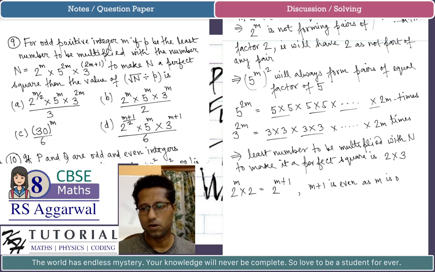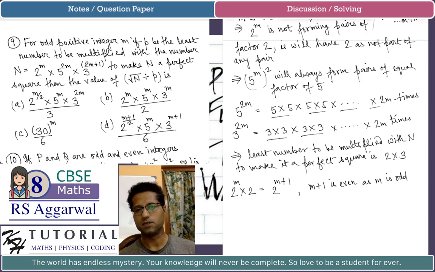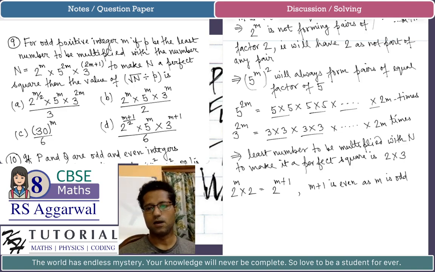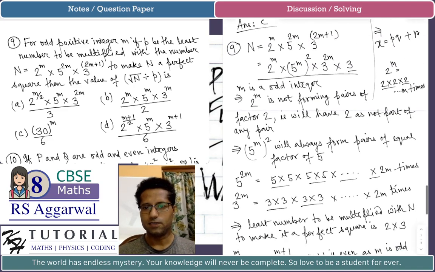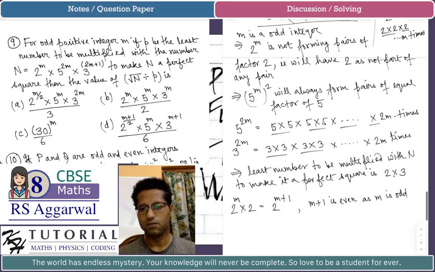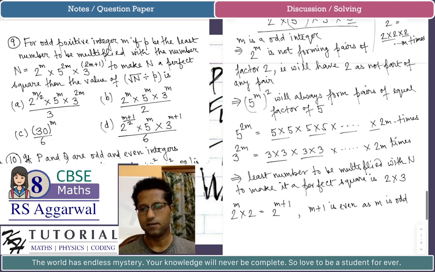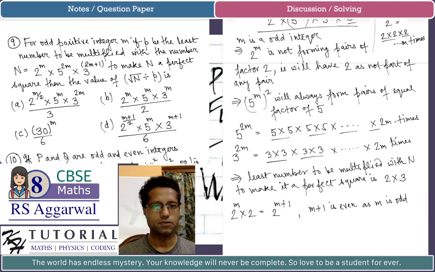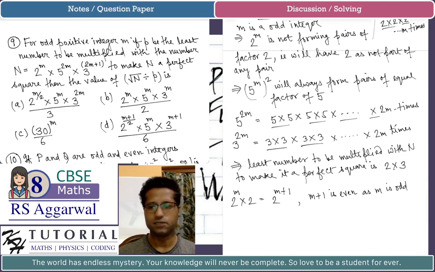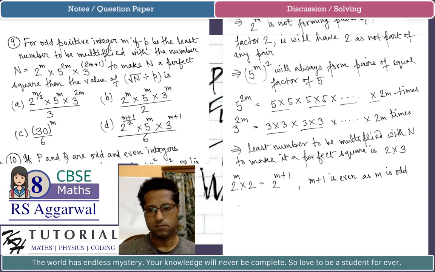M is given to be odd, so m plus 1 will be even. If m plus 1 is even, then all the factors of 2 will be part of some pair. So we can see that the least number to be multiplied with n is 2 into 3, that is 6. Okay. Now the question is, which is given to be p?